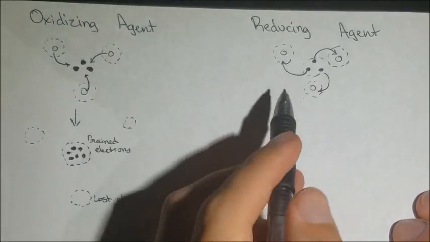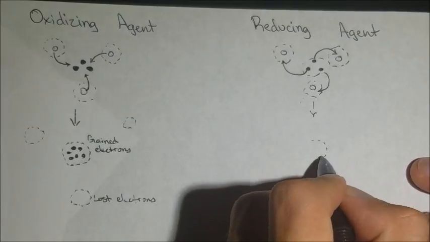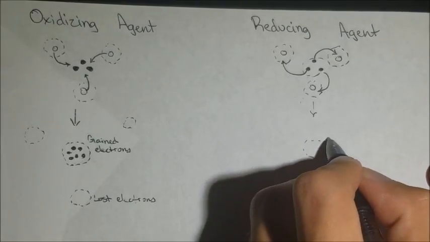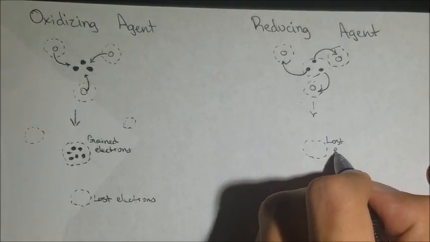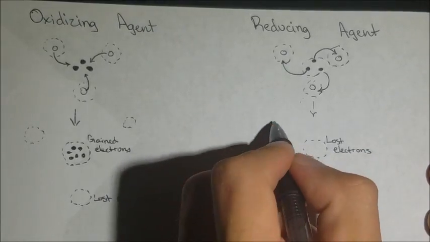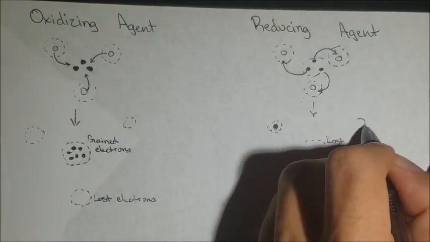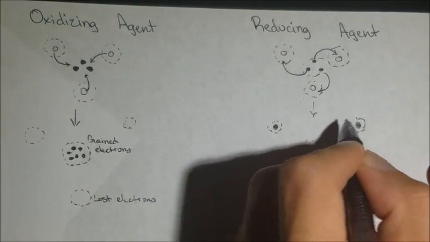Just like this. So what I'm saying here is that now the reducing agent, let's go ahead and draw this out. If you notice here, the reducing agent has now lost electrons. And where did it give the electrons to? Well, it gave the electrons to these surrounding atoms.